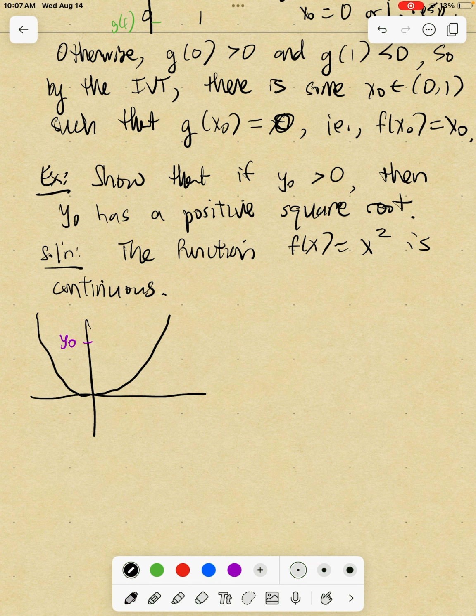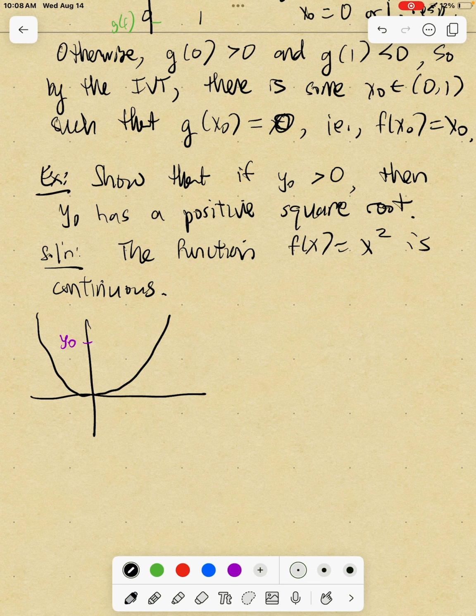Well, we know that f of 0 equals 0. I was going to say that if you plug in y naught, then y naught squared is bigger than y naught, but that's only true if y naught is bigger than 1.